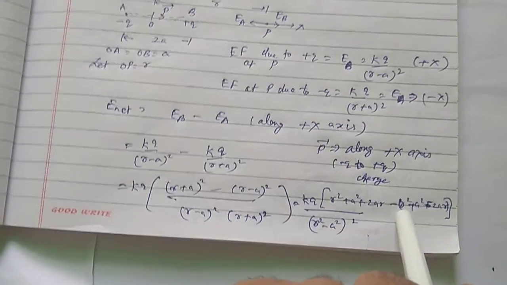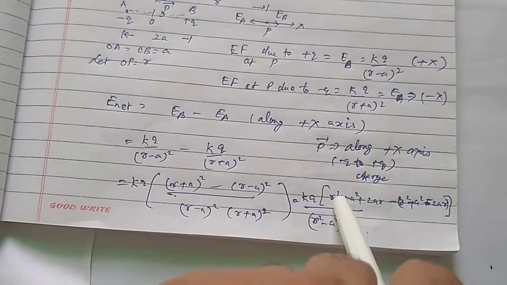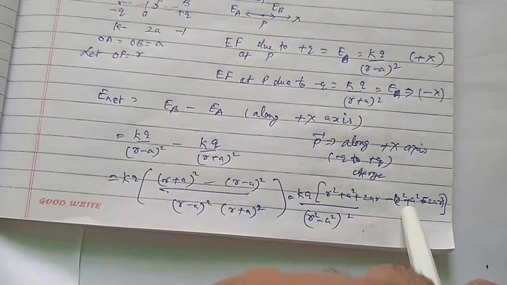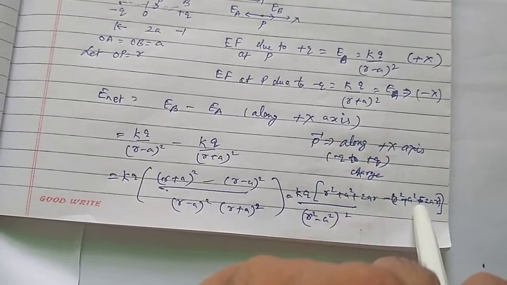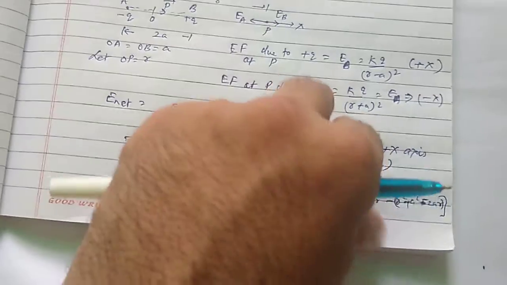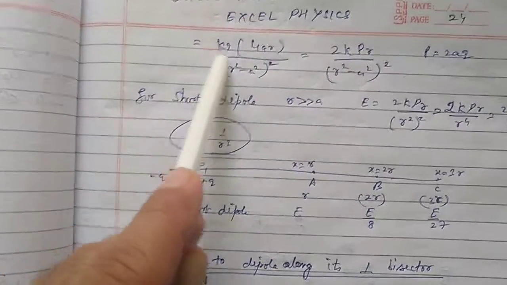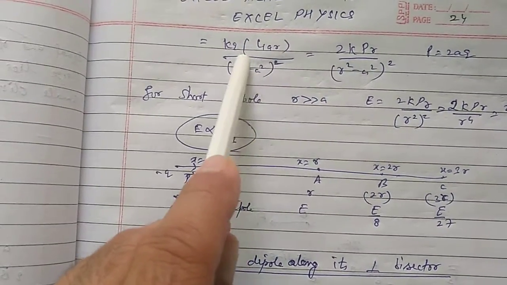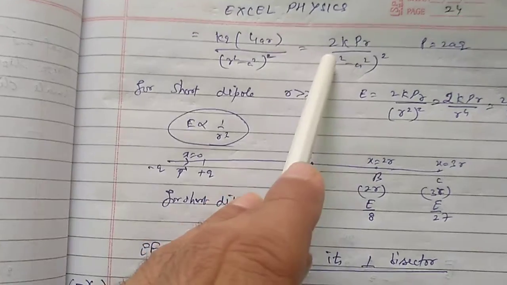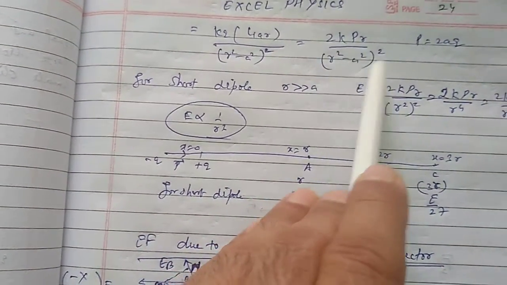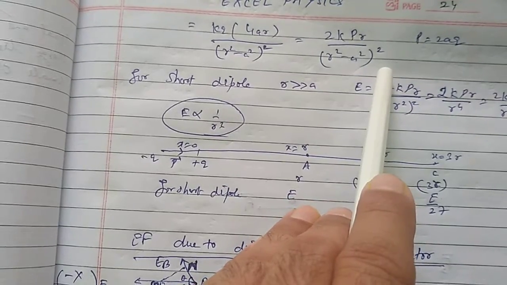When you open this bracket, the r square cancels out, the a square cancels out, minus minus becomes plus, and 2ar and 2ar give you 4ar. So the final result you get is kq times 4ar. And you know that 2aq equals the dipole moment p, and hence we got the result 2kpr upon (r square minus a square) whole square.